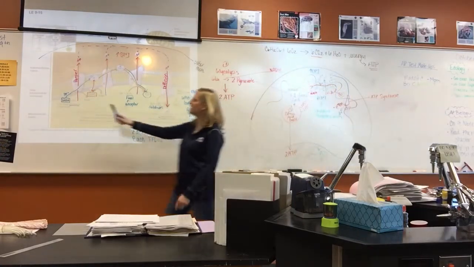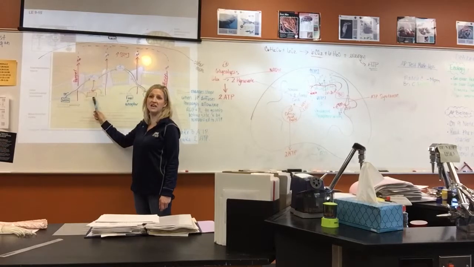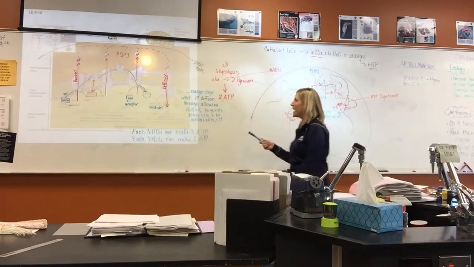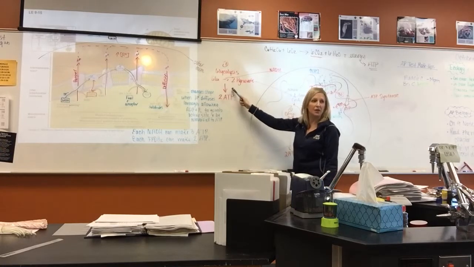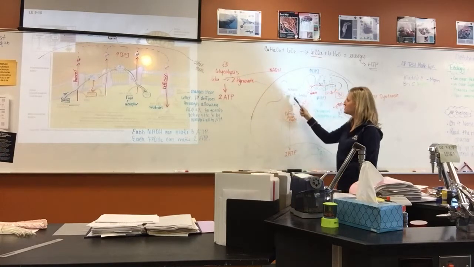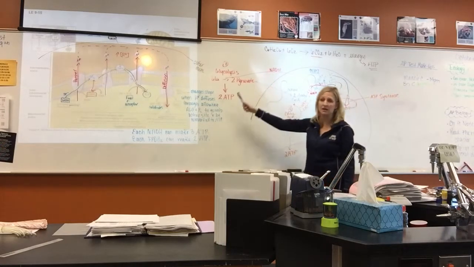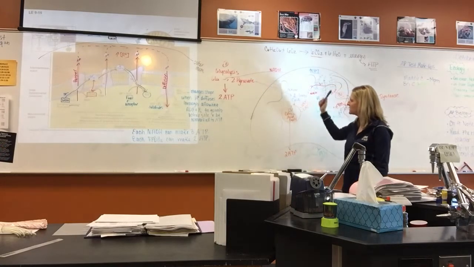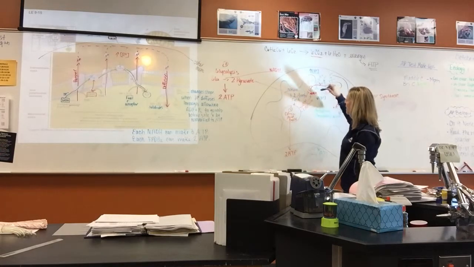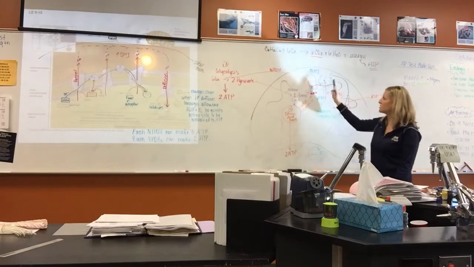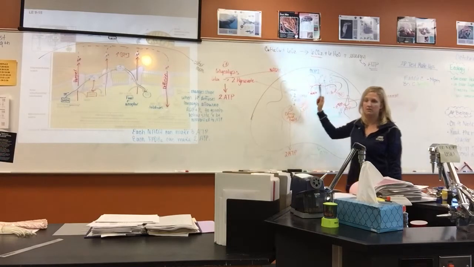How many NADHs and FADH2s are coming to this step? Where are they coming from? The previous steps: glycolysis, the intermediate step, and the citric acid cycle. So go back and look at those and figure out how many NADHs and how many FADH2s are actually coming to drop electrons off here.